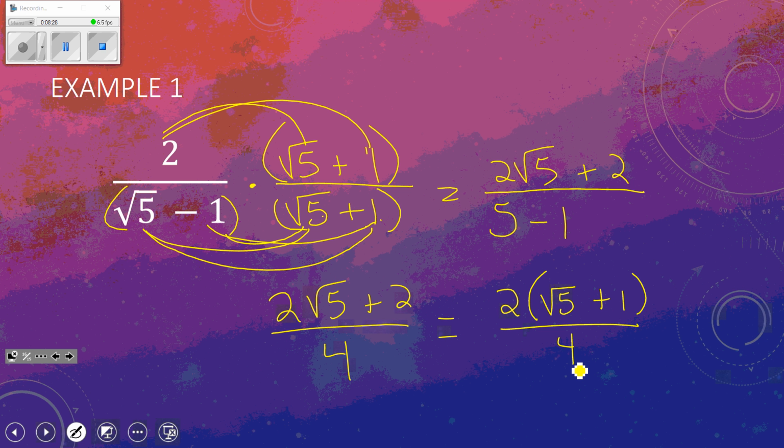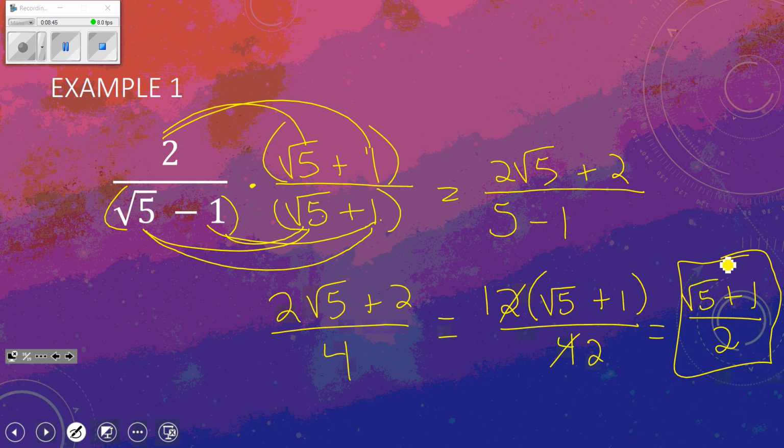Now, because these are both on the outsides, we can simplify them. This can become a 1, and that can become a 2. So what's my final answer? Square root of 5 plus 1 over 2. There's your final answer. So if something can factor out, you need to factor it out and simplify further.